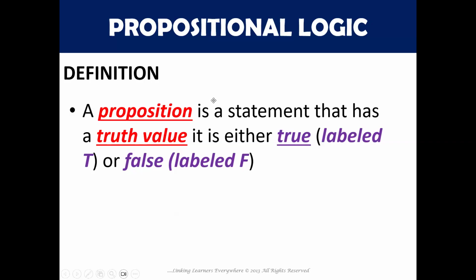A proposition is a statement that has a truth value. It is either true or it is false. If it is true, it will be labeled T or the value 1, just like binary numbers, 1 means true. 0 means false. So if we are not using T and F, we'll be using the values 1 and 0.